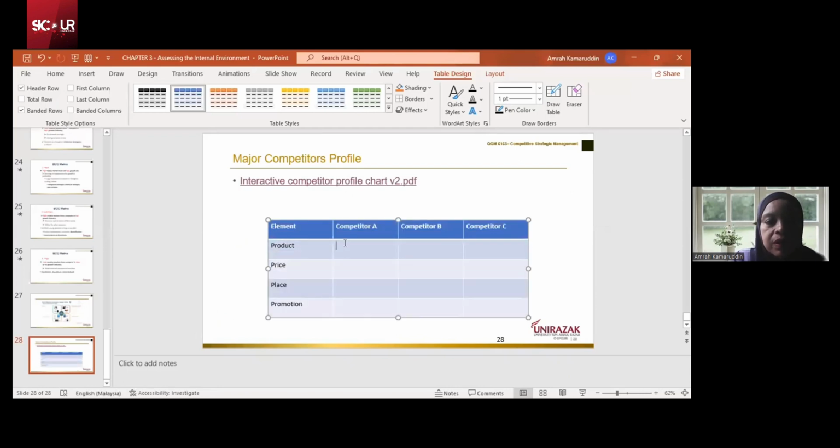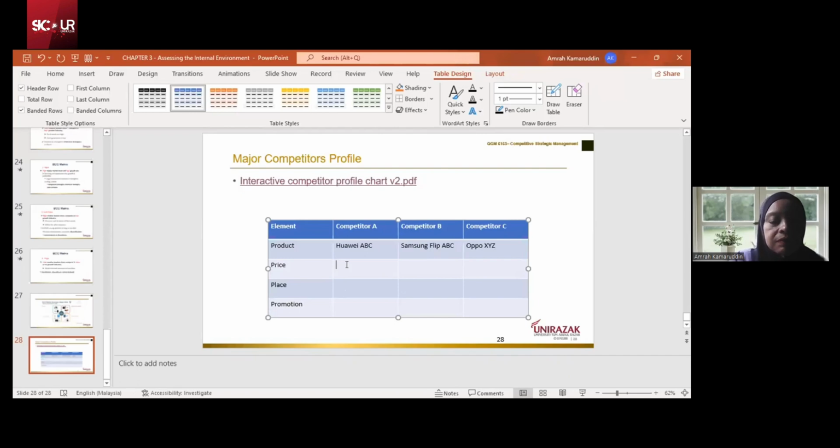For the product, for example, they call it Huawei ABC, for example, competitor Samsung, Flip, whatever, ABC, competitor Apple, or maybe Oppo, XYZ. I'm just giving you an example. So this is the same range of product that you also have.